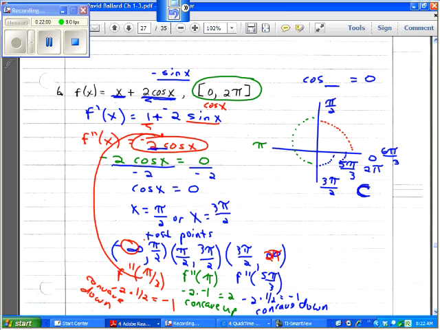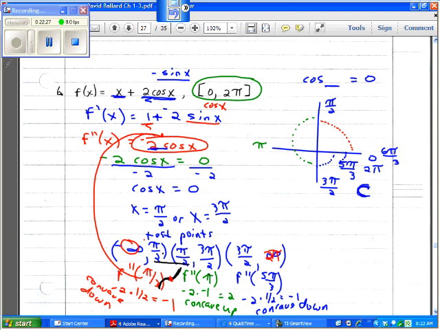Now, at this place, pi over 2, we went from a concave down to a concave up. Therefore, at that point, there must be a point of inflection because it changed concavity there. Went from a concave down to a concave up.